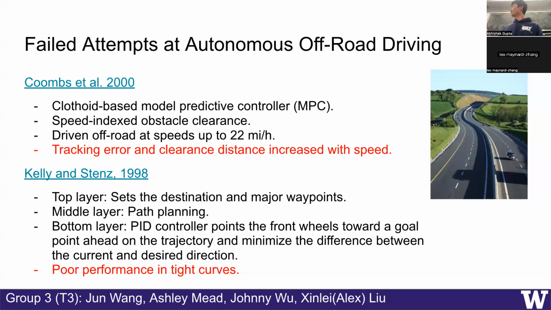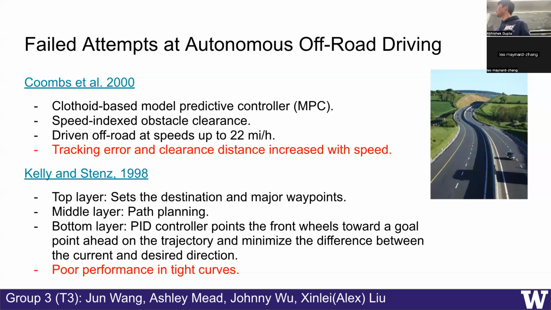It is able to drive off-road at speeds up to 22 miles per hour or 35 kilometers per hour. However, this method doesn't really work because the tracking error and clearance distance increase with speed. Usually when the car drives more than 25 miles per hour, the tracking error just increases exponentially.